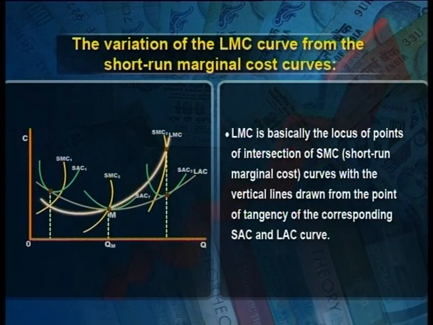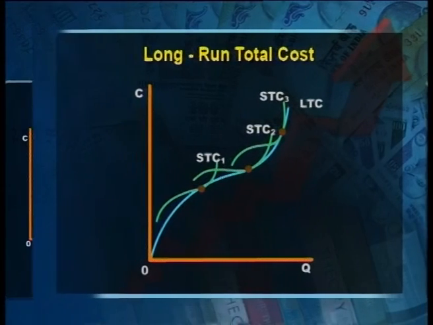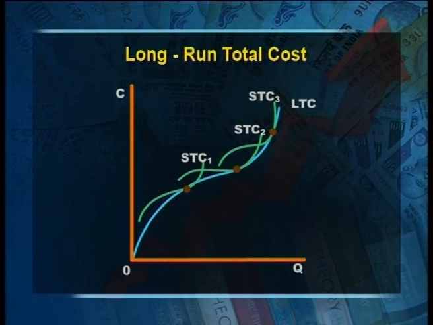So, LMC is basically the locus of points of intersection of SMC, that is the short run marginal cost curves, with the vertical lines drawn from the point of tangency of the corresponding short run average cost curves and long run average cost curves.